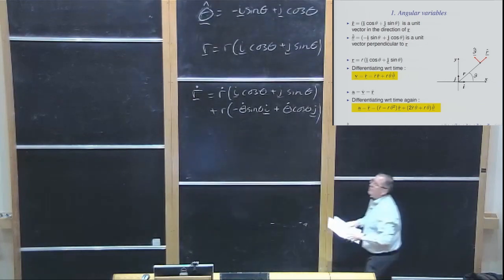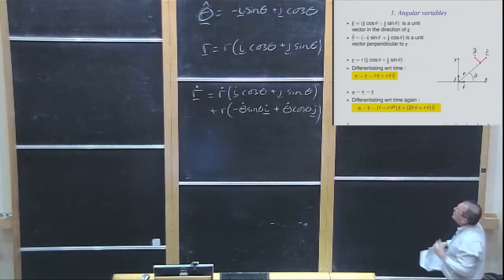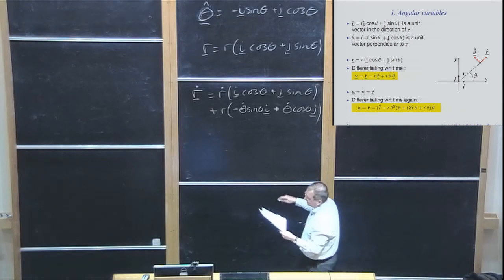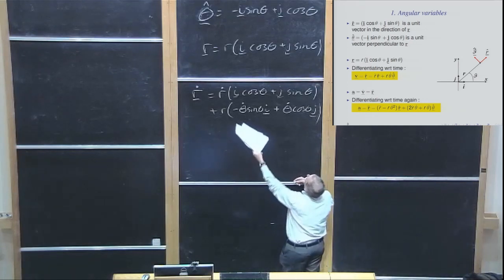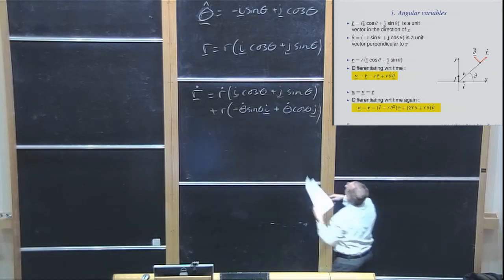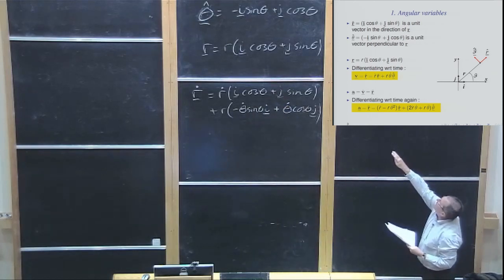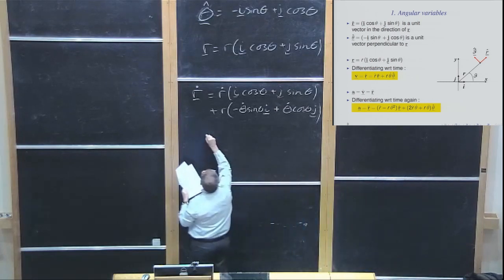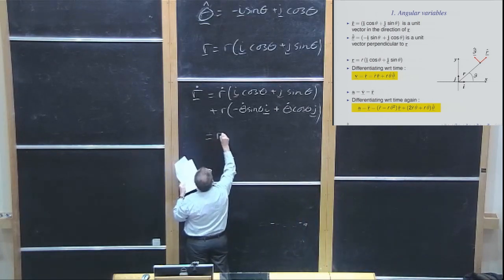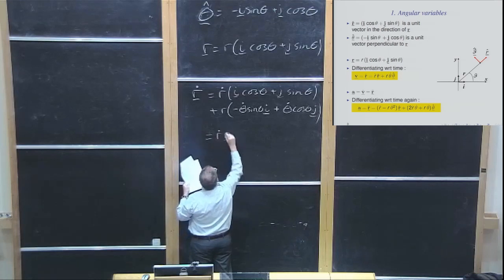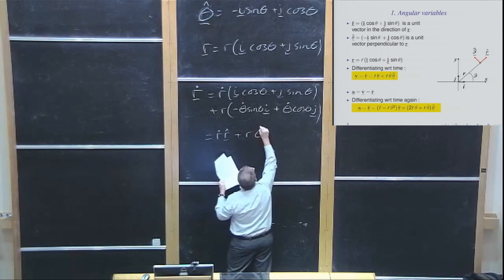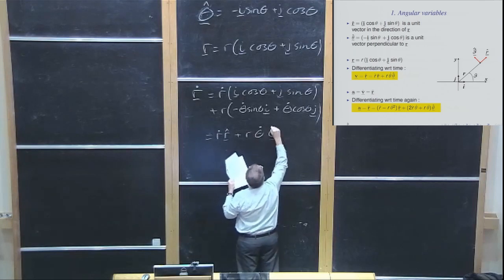i and j themselves are not moving in this problem, so we don't have to worry about the differential of those. But if we then look at this and compare to the expressions we have for the unit vectors r hat and theta hat, we see this is nothing more than r dot r hat plus r theta dot theta hat.